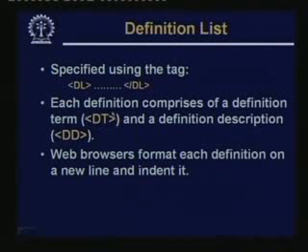Okay. So, there are two things you need to define in every list item here. So, for that there are two separate tags you use, one is called DT, which is the short form for definition term, other is DD, which is definition description. So, if you have such a list, the web browsers can automatically format the definitions by starting each definition on a new line and composing the definition in a suitable way.